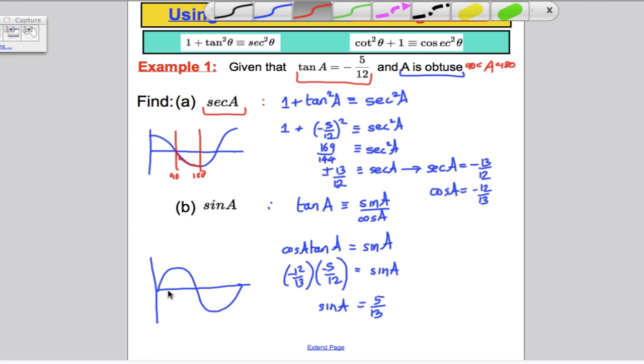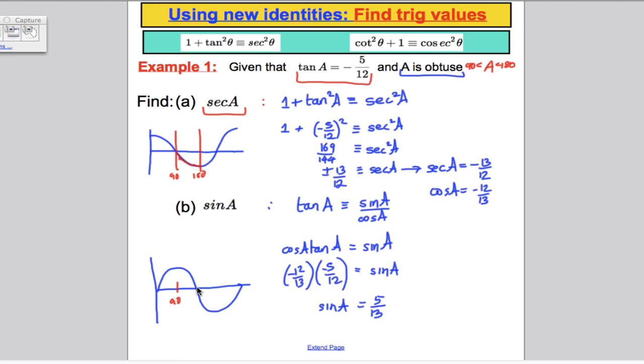Now for obtuse, we're looking between 90 and 180. And we know sine there is always positive. So it makes sense that it's a positive number. Okay, so we're done in example 1. We have found other trig values using some trig values given and the new identities we've learned.